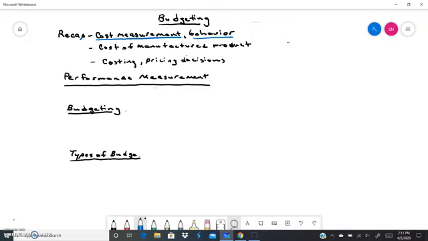And the idea behind that was really, ultimately, we wanted to understand what the cost of our manufactured product was. So we wanted to understand what our cost structure was relative to the sales of our product, but ultimately, what was the cost of that product that we just manufactured? And the reason for that was we wanted to be able to make costing and pricing decisions based on that information.